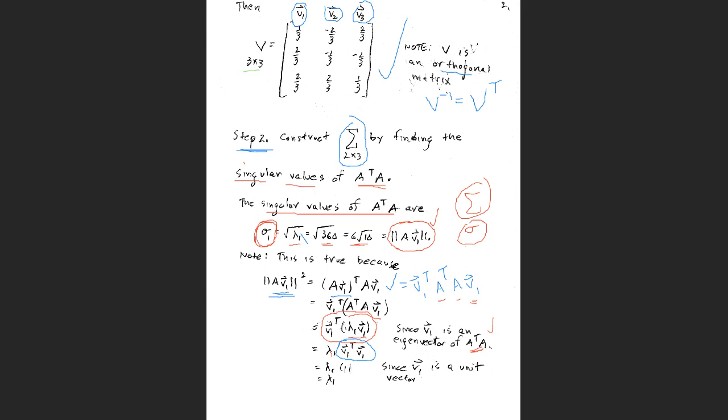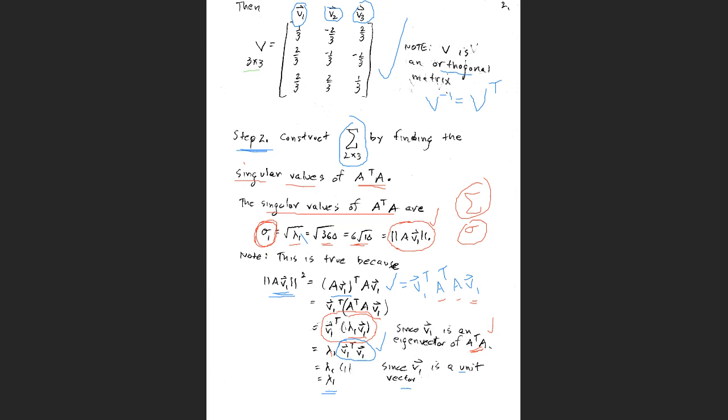Now, V1 transpose times V1 is just the dot product of V1 with itself. And since V1 is an eigenvector, but it's also a unit vector, that means the dot product is going to equal 1. And so you get lambda 1.